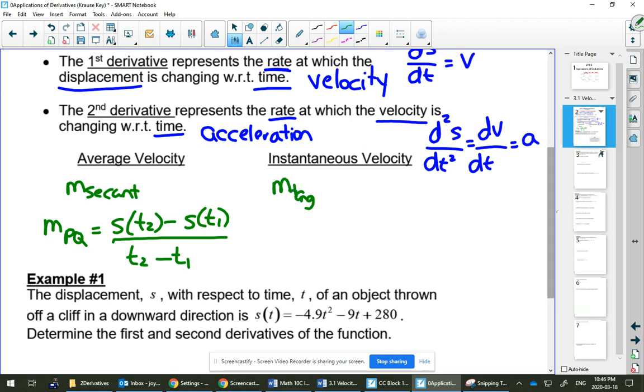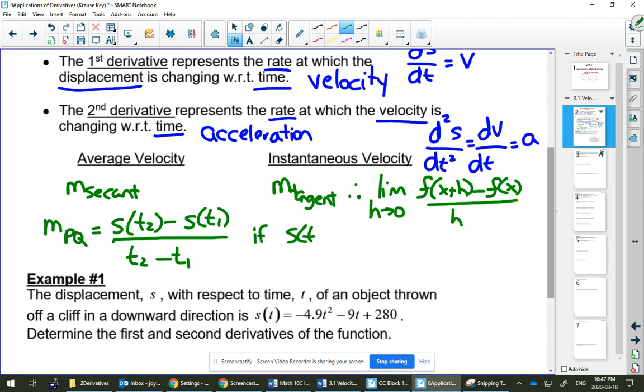Now, when we're looking at instantaneous velocity, this is when we're looking at the tangent. So m tangent, or m tan, is, if you go back to your limits, the limit as h approaches 0, using first principles, f of x plus h minus f of x, all over h. So we break down everything that we've got there. If we're given s of t, that's our position.